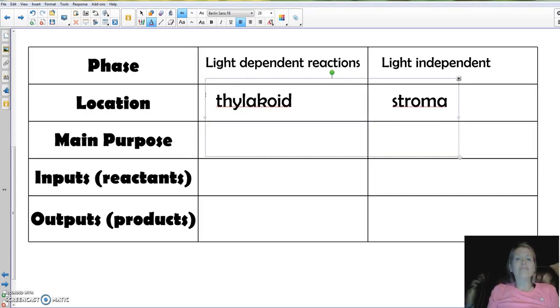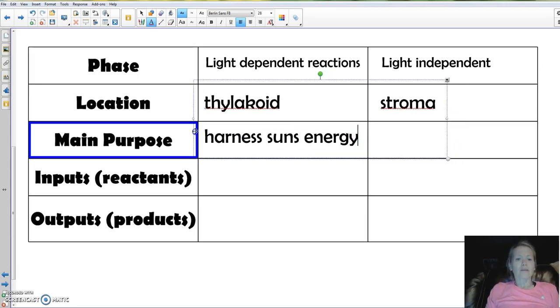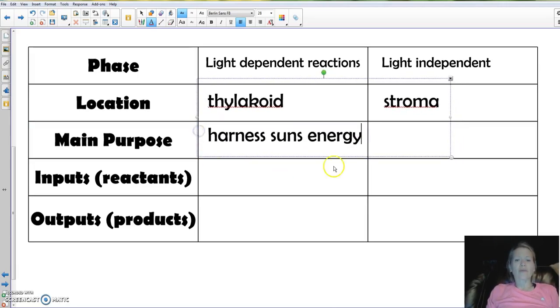Okay, so what is the main purpose of the light-dependent reactions? The first part: we're going to harness the sun's energy. You guys remember we make those energy molecules, ATP and NADPH.